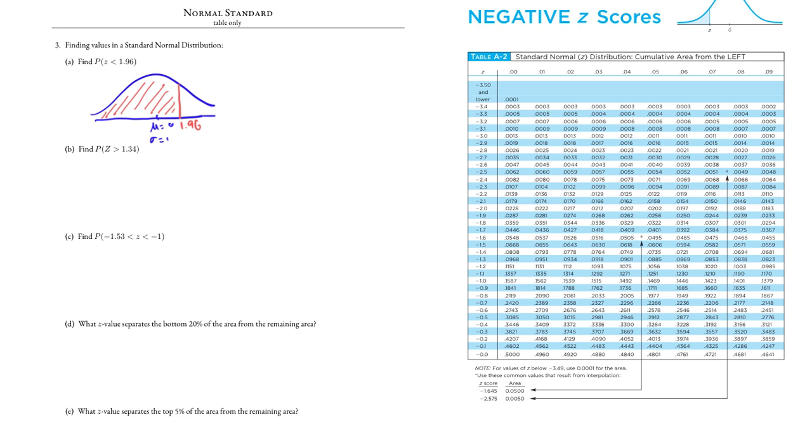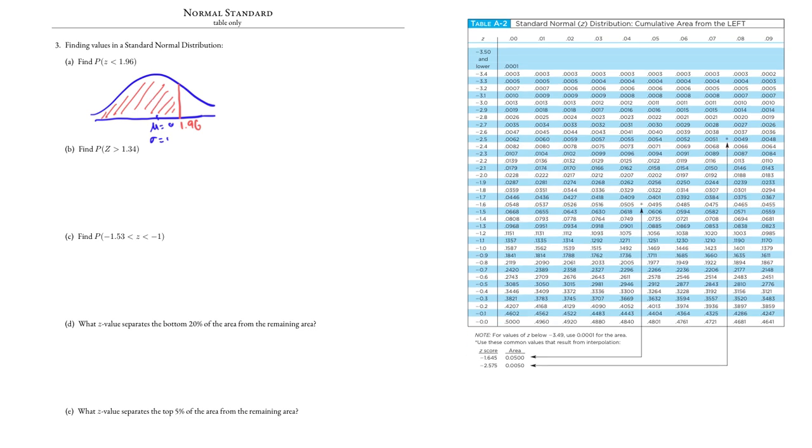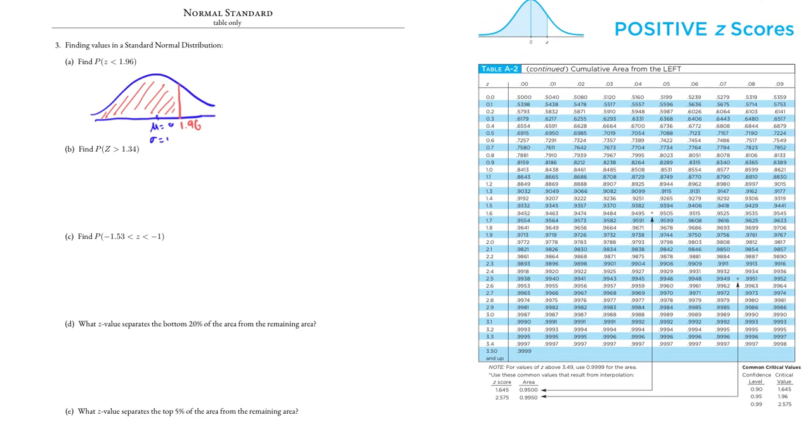To use the table to find this area, we first locate 1.96, from the positive part of the table. 1.9 in the first column, and then we go to the right along the 1.9 row and stop at 0.06.